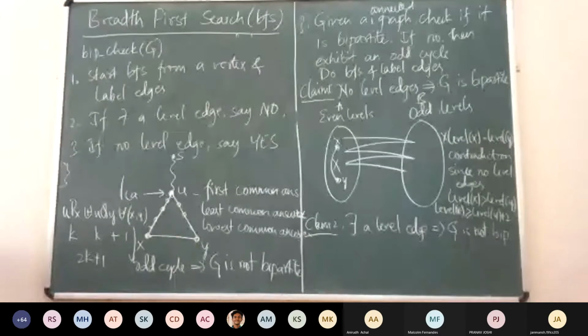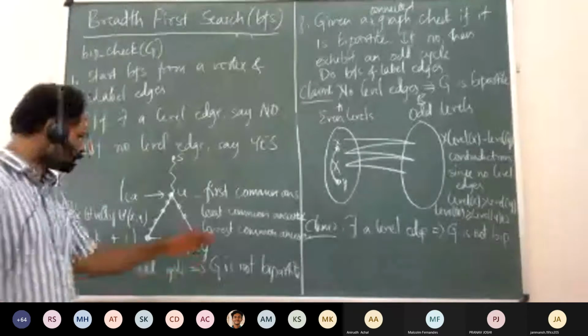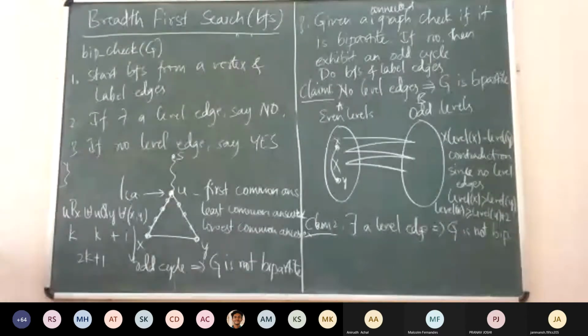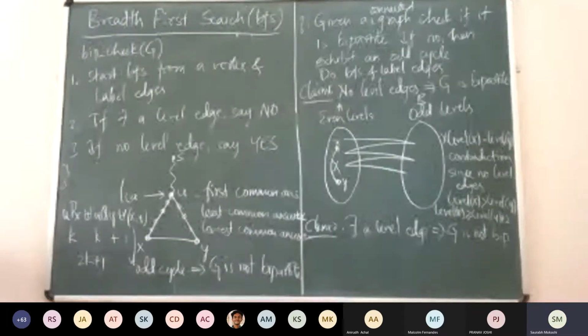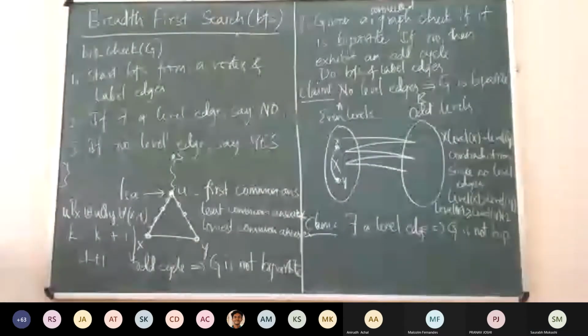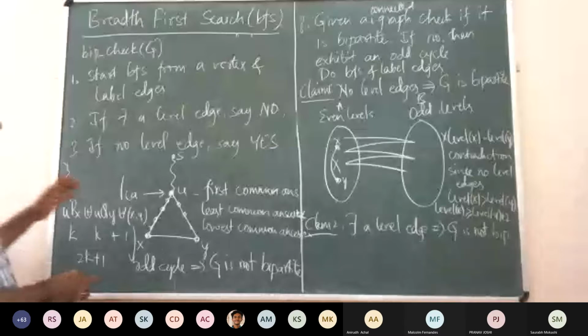All of you know what a bipartite graph is. So we have exhibited an odd cycle. Now, how much time does this algorithm take? But first, is everyone convinced about the correctness of the algorithm? When the algorithm says yes, then the graph is bipartite. When the algorithm says no, then it is not bipartite. You should be correct in both these directions, only then is your algorithm correct.